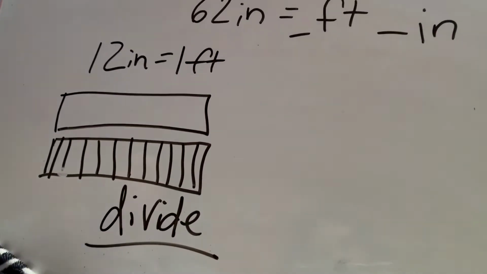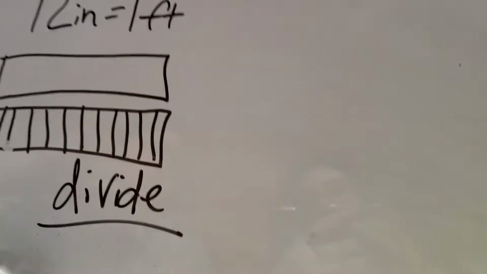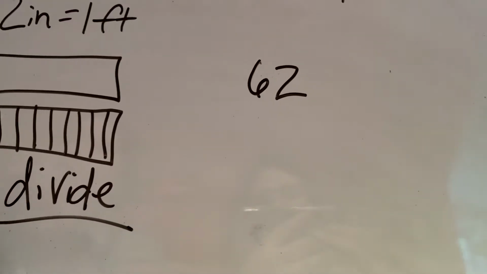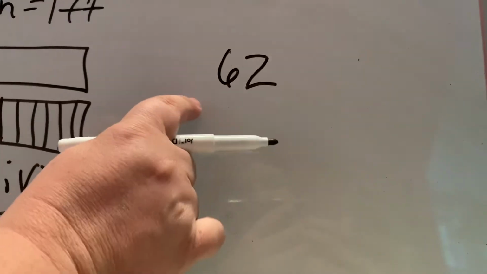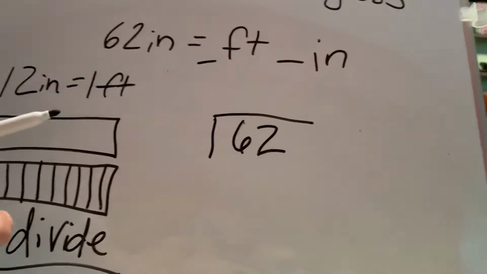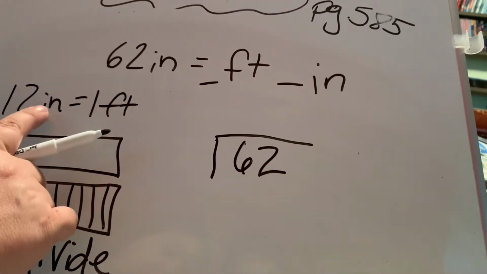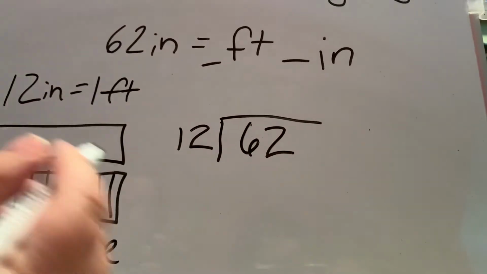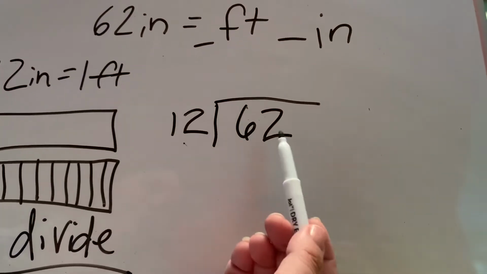So how many feet are in 62 inches? I'm going to take that 62 inches and divide it by 12 because that's what I got, right? How many times will 12 go into 6?